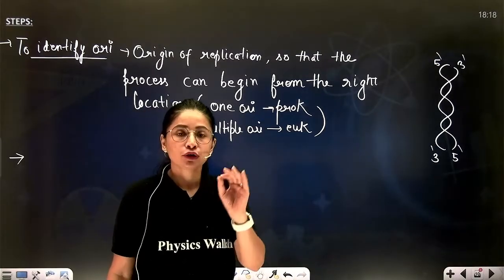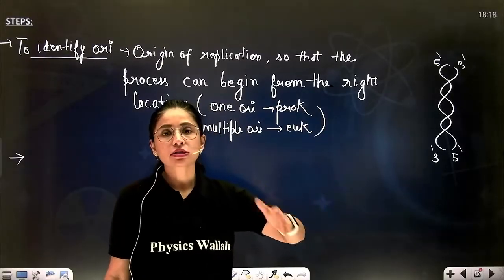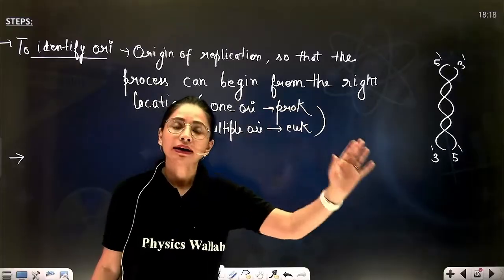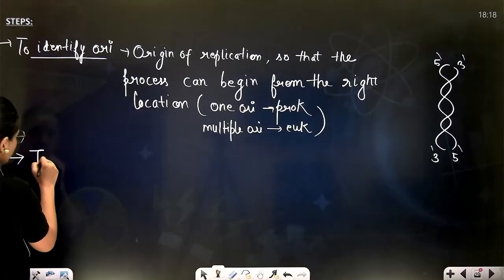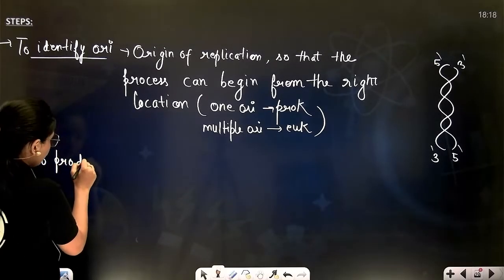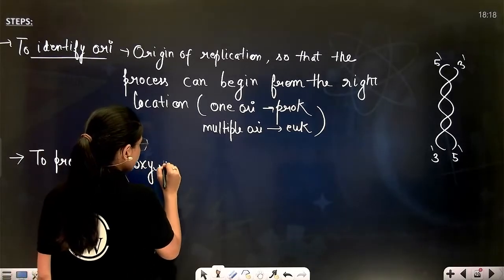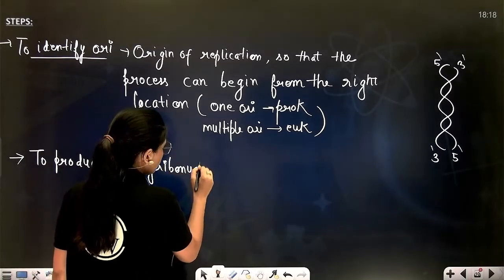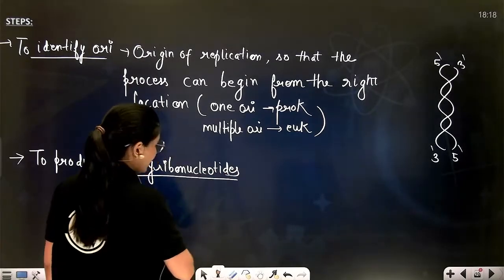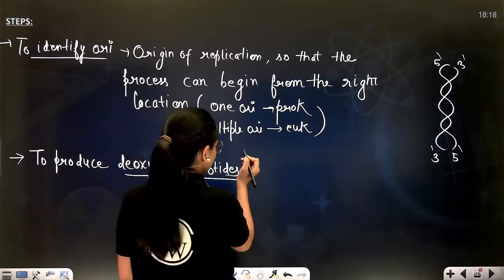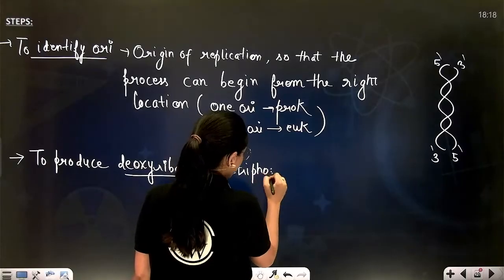That means to produce deoxyribonucleotide triphosphate from deoxymononucleotide or dinucleotide, from mono or biphosphate.